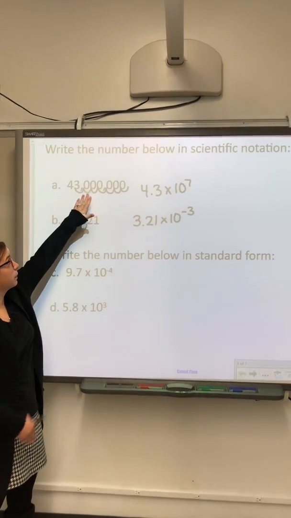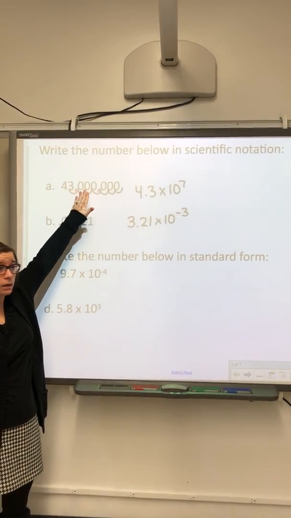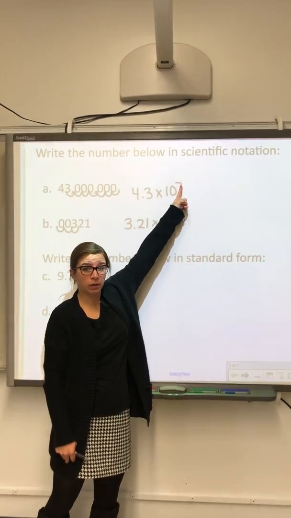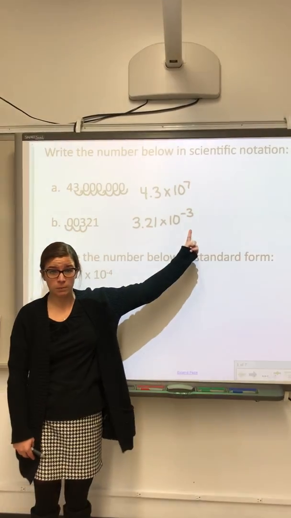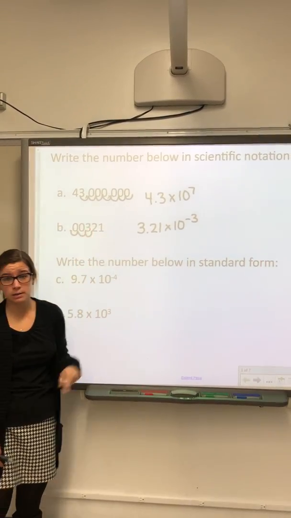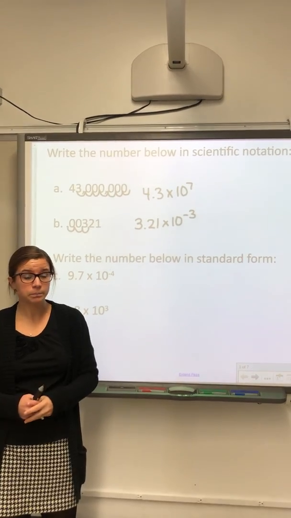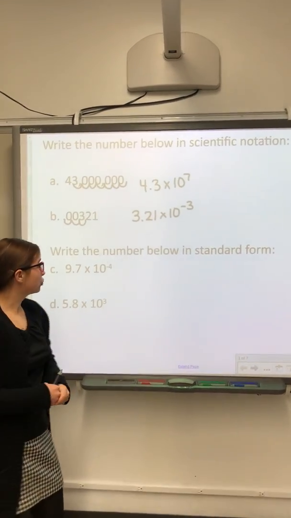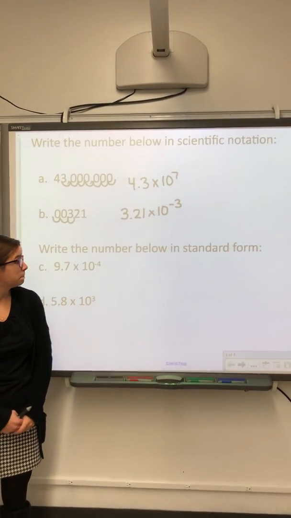I can see that my first number, 43 million, is a big number, so a positive exponent. If it starts as a decimal, it's going to be a negative exponent. I move my decimal back 1, 2, 3 spots to make it a number greater than 1 but less than 10. Now, I'm going to have you try and write the numbers below into standard form.